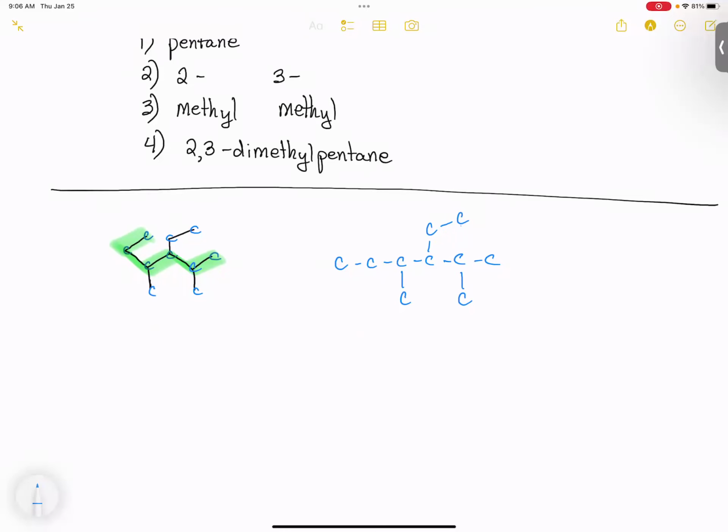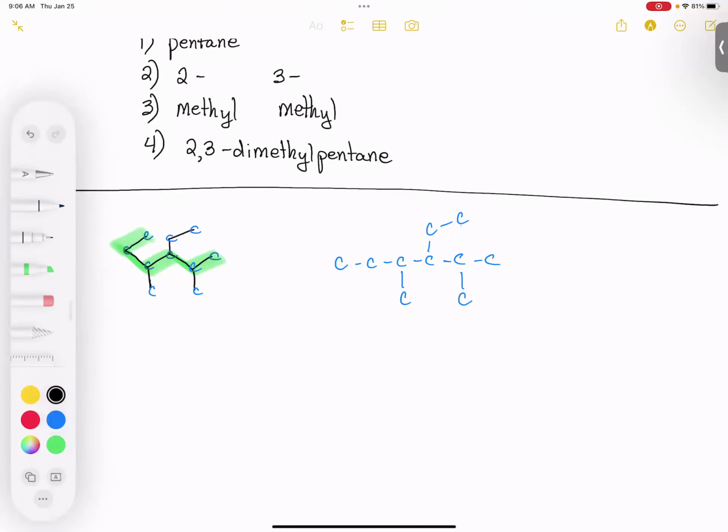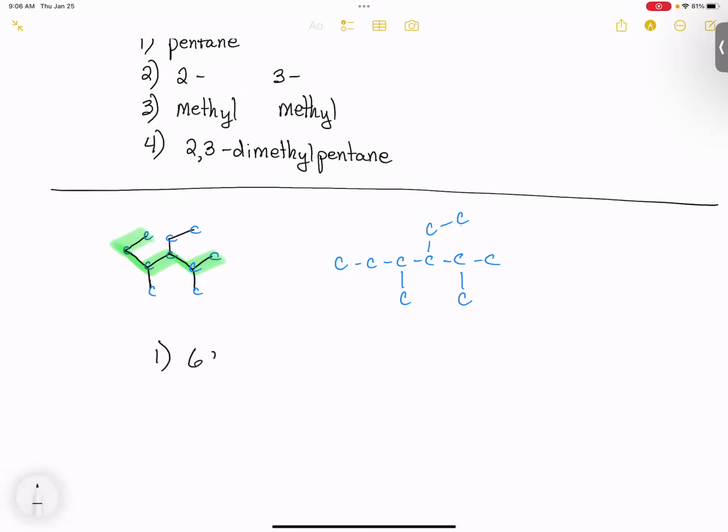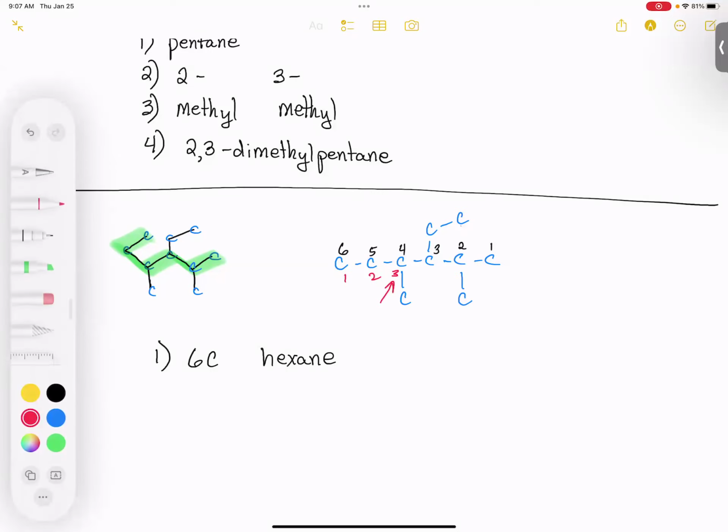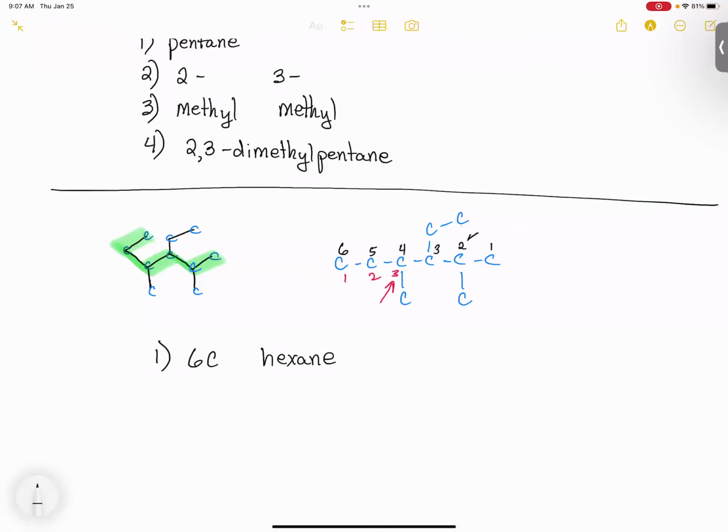So step number 1 was to identify the longest chain. We just discovered it was 6 carbons, so that is hexane. Step number 2 was to number them so that it's closest to the nearest substituent. So you would have had to number this one in reverse. Otherwise, my first substituent would have been on 3, whereas by numbering it the way I did, the first substituent was on 2.